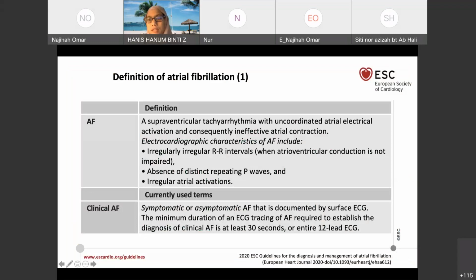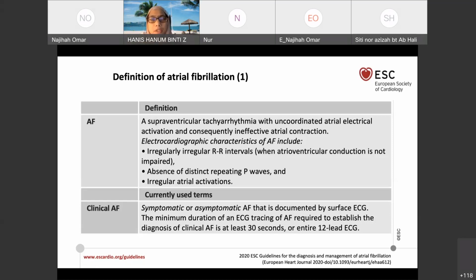Atrial fibrillation is a supraventricular tachyarrhythmia with an uncoordinated atrial activation and consequently causes ineffective atrial contraction. So tadi dalam my pre-class activities, I've asked you to look at some of the videos for atrial fibrillation. Did you guys manage to watch them? Because I think with 1 hour's lecture, we won't have enough time to go through everything. Y'all dapat tak? Tengok videos.